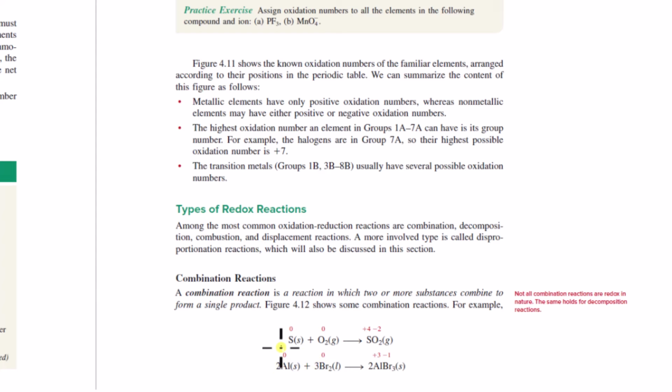So on the reactant side, we've got all elemental forms, neutral elemental forms. So the oxidation number is going to be 0. Here we've got SO2. So there's nothing that's forcing us to go away from the oxygen cardinal rule of the oxidation number on oxygens being -2. So we put a -2 on the 2 oxygens. Then the sum rule dictates that the sulfur oxidation number must be +4.